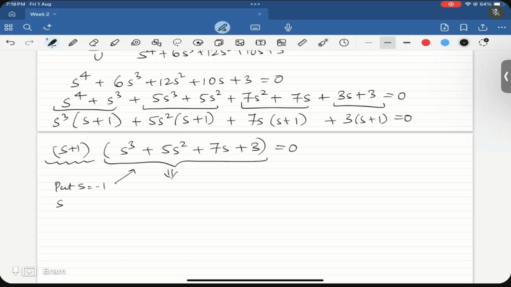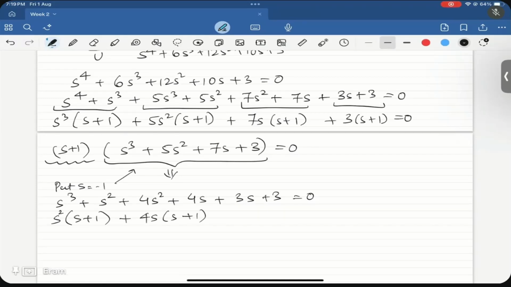So again we will factorize it like s cube plus 4s square plus 4s plus 3s plus 3 equals 0, right? Again we will take s plus 1 common, and we get s square plus 4s plus 3 equals 0.